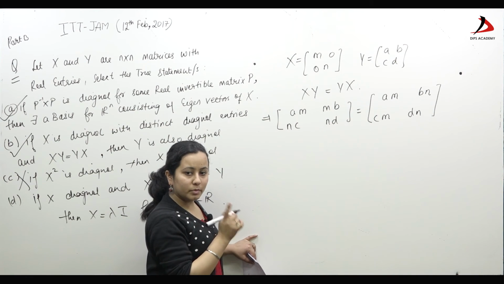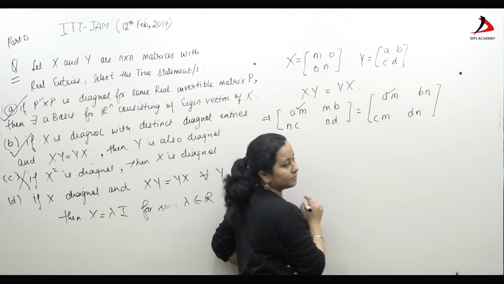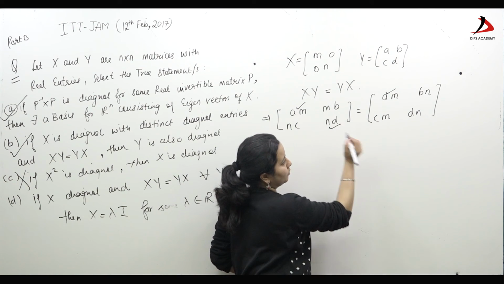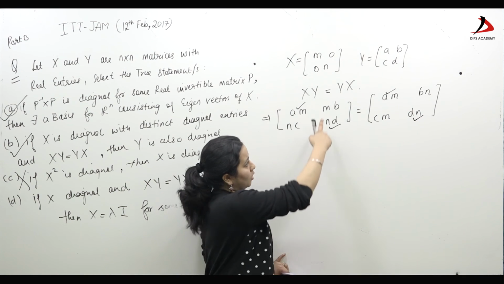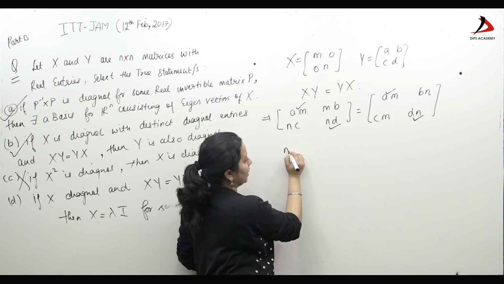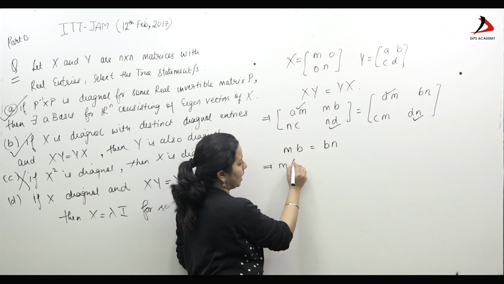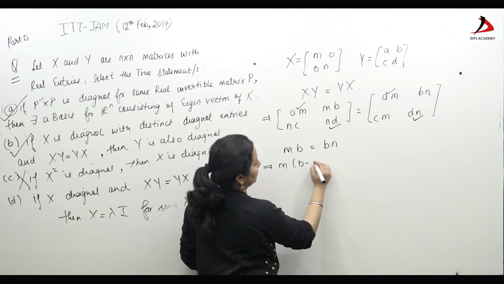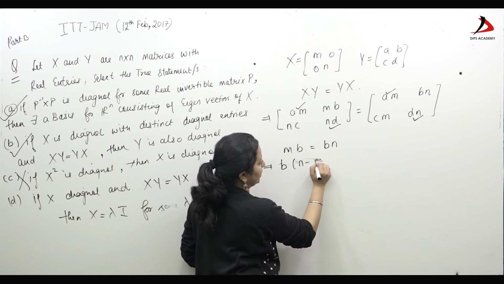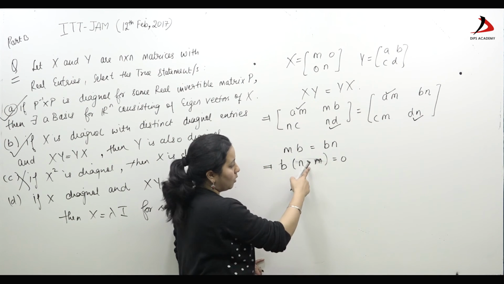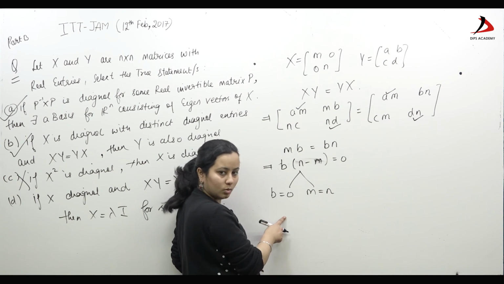On comparing the two matrices term by term, we can easily state that the first terms are the same, and the fourth term of this and the fourth term of that are the same. On comparing the second terms, we will have mb equal to bn, which will imply b times (n minus m) is 0, and hence either b is 0 or m is equal to n.